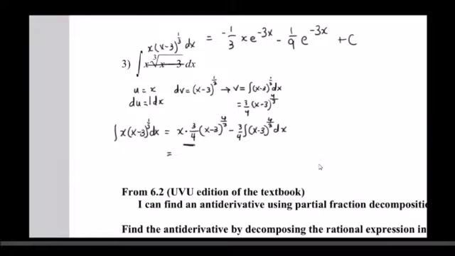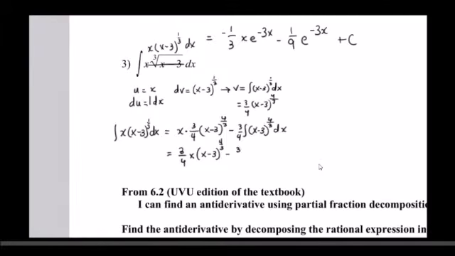So simplifying here, the 3/4 times x, that's just 3/4 x. And then that x minus 3 to the 4/3 is another example of the general power rule, u to the n du. So we're just going to add 1 to the exponent. 4/3 plus 1 is 7/3.